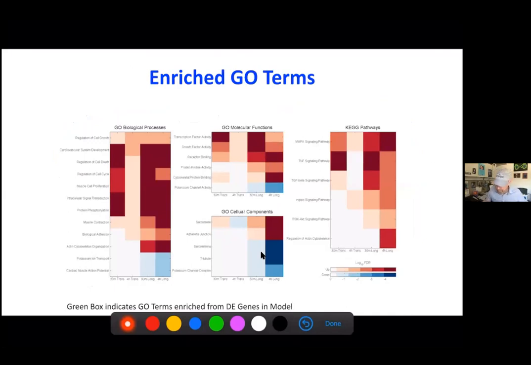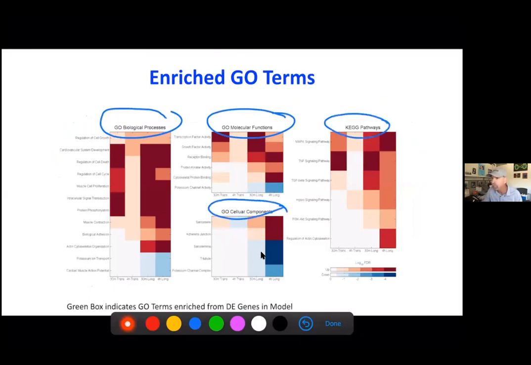And here are the main clusters. I won't take you through them in detail. These are GO biological processes, gene ontology, molecular functions, cellular components, and KEGG pathways. So very classical type of stuff. I'll just show you how many of these same pathways were also enriched in the model. All of these ones.